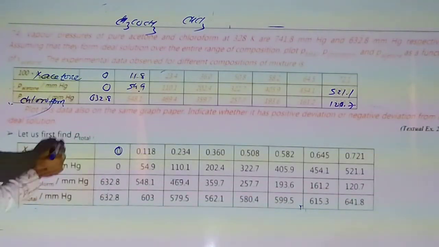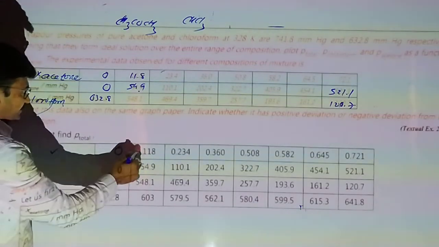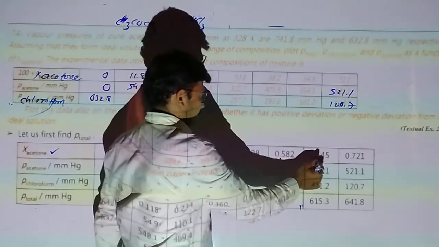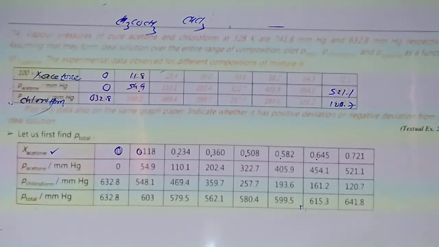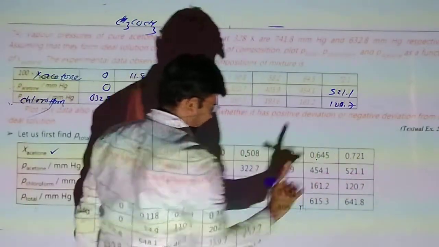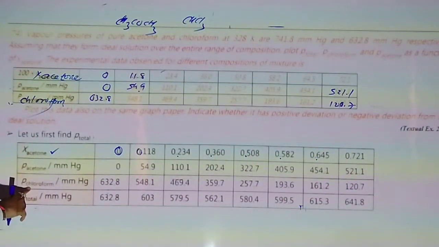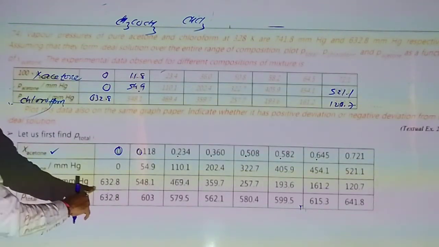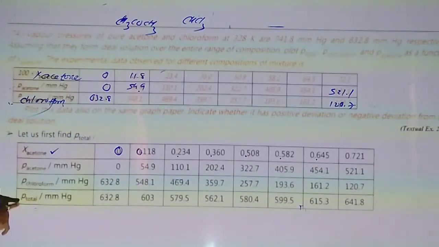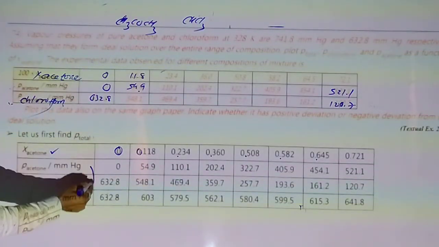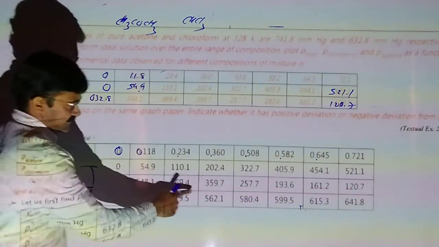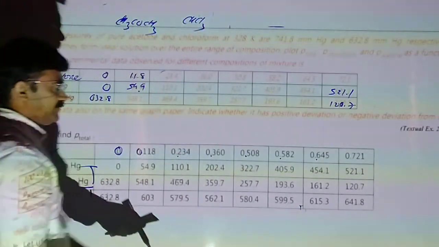The mole fraction of acetone is 0, and now it becomes 0.118, 0.234, 0.36, 0.50, 0.58, 0.64, 0.72. So the partial pressure of acetone gradually increases. The chloroform partial pressure decreases, and P total, the total of both of these, increases.